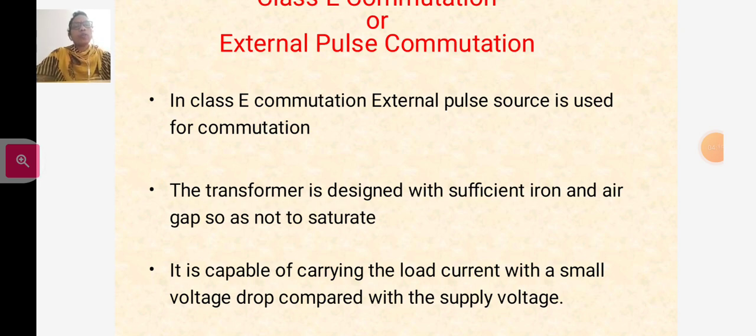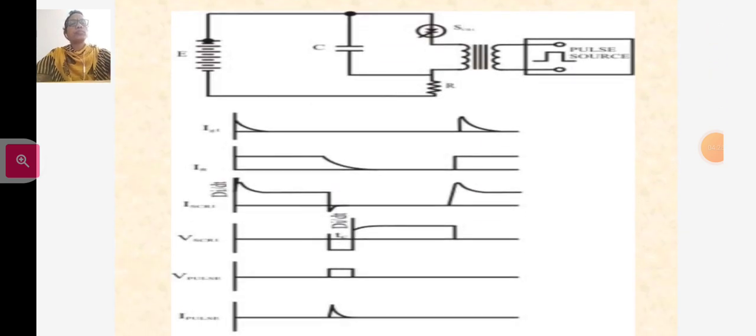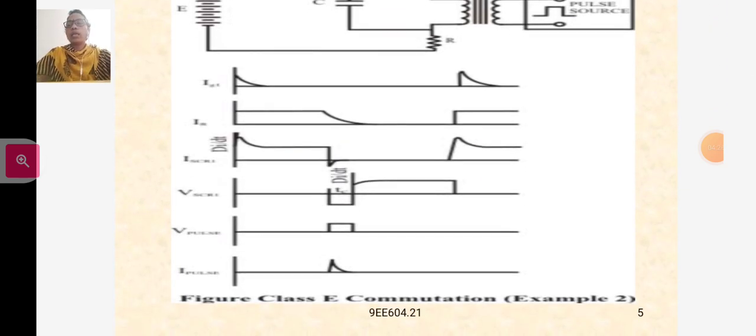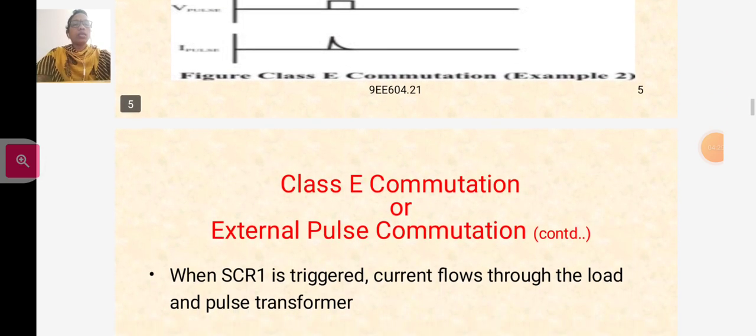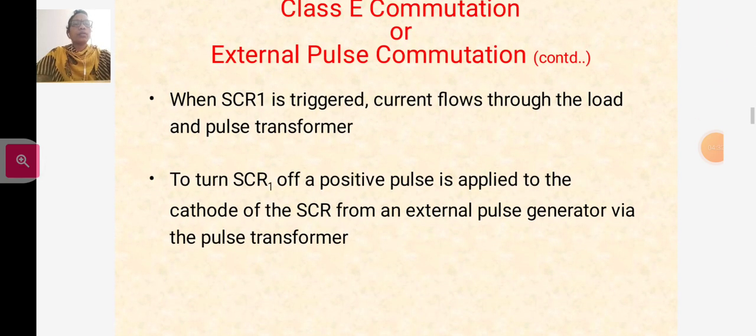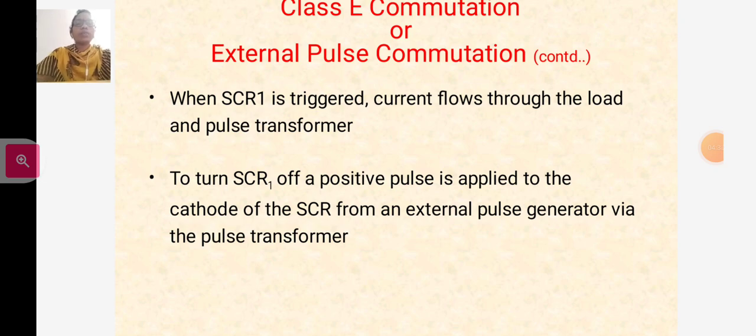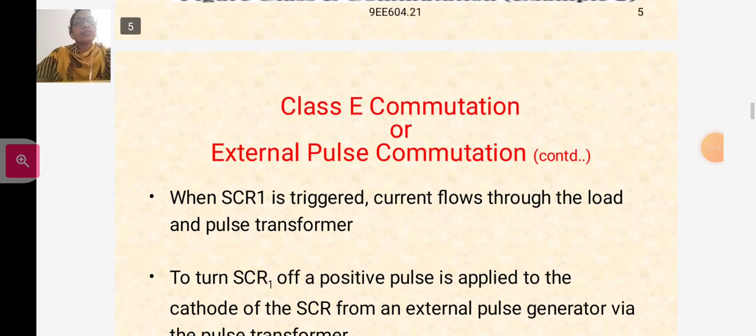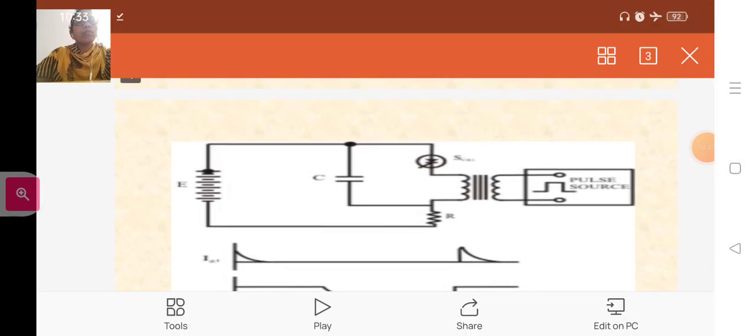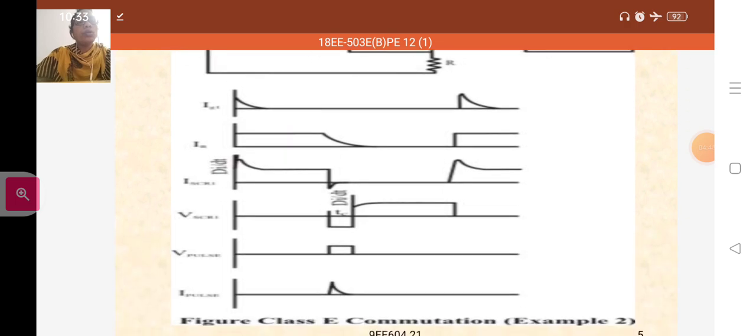It is capable of carrying the load current with a small voltage drop compared with the supply voltage. So, this is the diagram of class C, and when SCR1 is triggered, current flows through the load and pulse transformer.